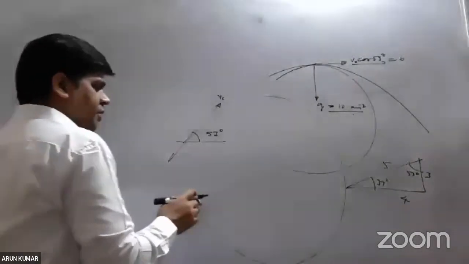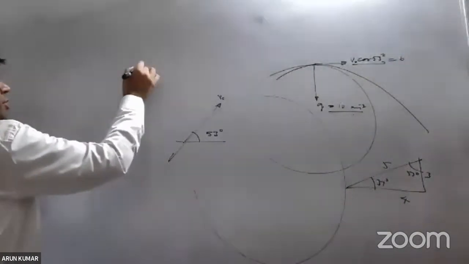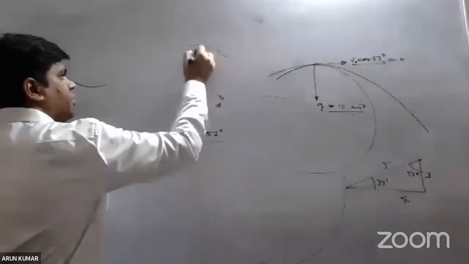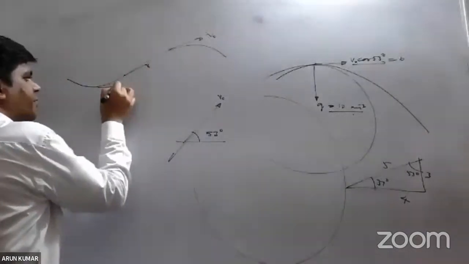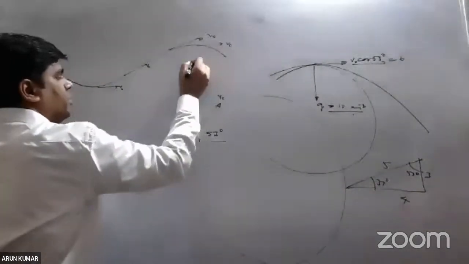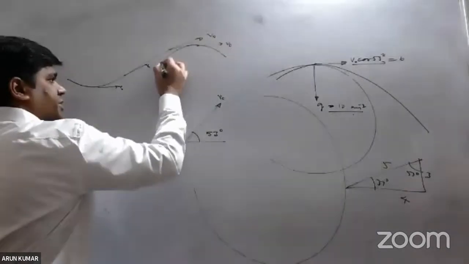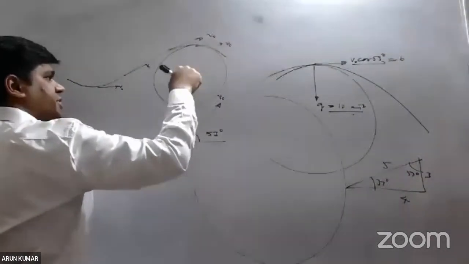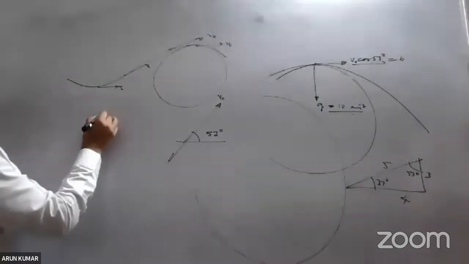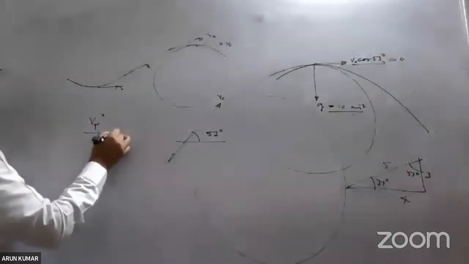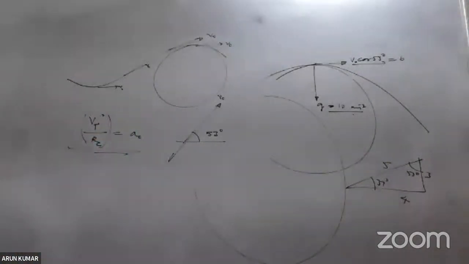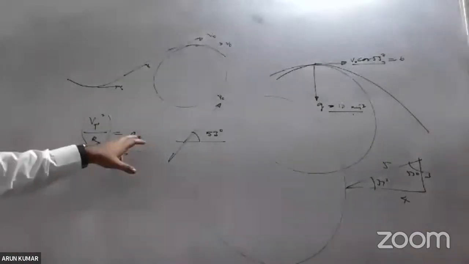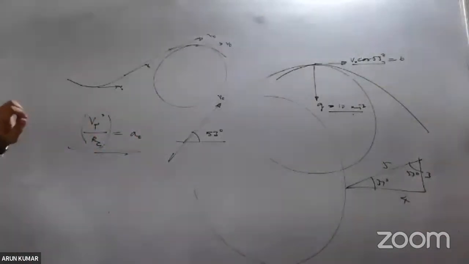See, for a curve, if a particle is going with constant velocity v naught on a curve, the radius of curvature at a certain point is related to the centripetal acceleration as tangential velocity square by radius of curvature is my centripetal acceleration. This is what we have derived in the morning class. Centripetal acceleration is given by tangential velocity square by radius for a circular path.